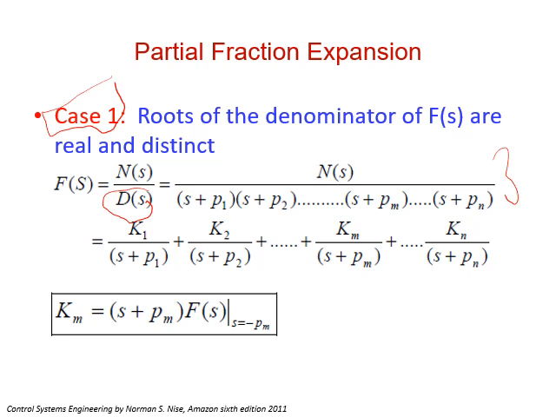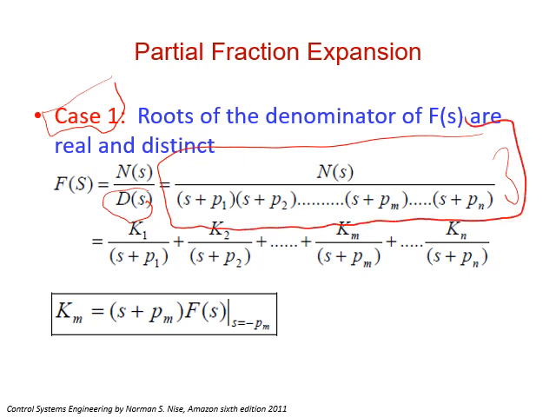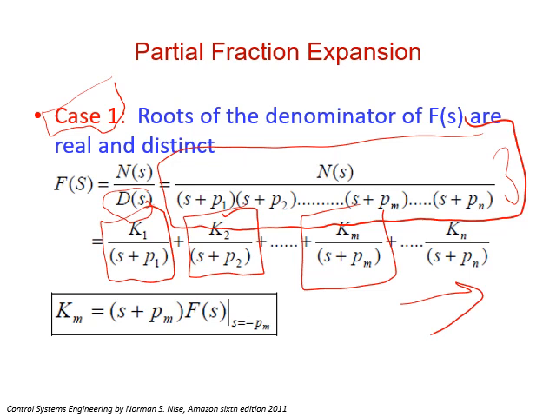So to find its Laplace inverse, we need to apply partial fraction expansion, where we need to find the equivalent to this function, which can be found in the earlier given table. So we can put this function as k1 over s plus p1 plus k2 over s plus p2, and so on till the end.